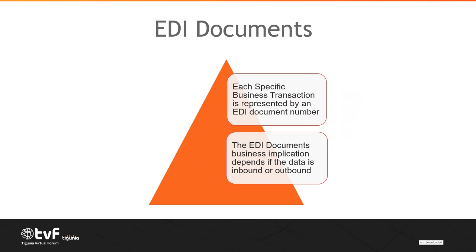And the EDI document's business implication also depends on whether the data is inbound or outbound. So let's say a document is a sales order for the customer, but for the vendor, it's a purchase order. So depending on whether the document goes one way or the other, it has a different meaning, even though it's the same document.